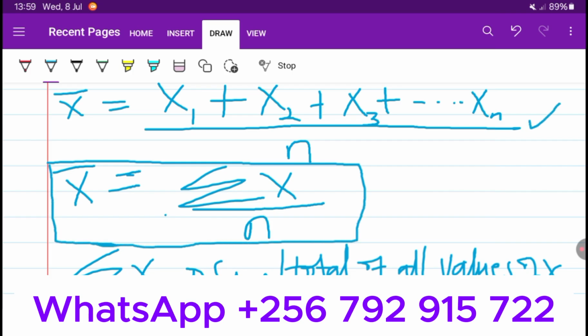You can use either, but most of the times they use sigma x over n.